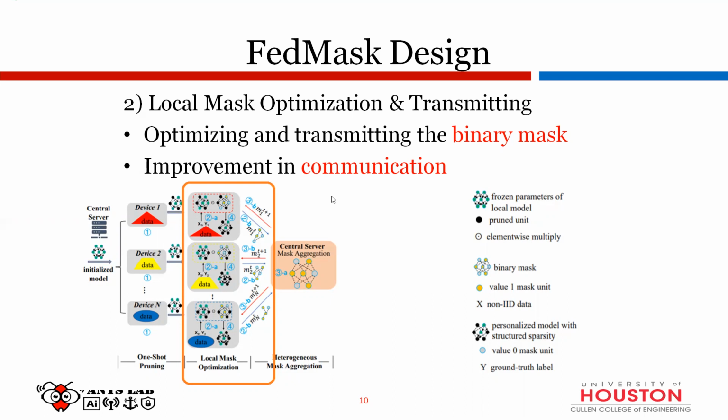Here they got a mask. They use the mask times their previous local model for the next round of updates. They still keep the real values of the neurons. They don't reduce the local training neuron values to binary values. They still keep the real value, so the precision is pretty high. You get what I mean? Probably that helps improve the precision a little bit. Okay, so now we learn a little bit better about the trick.